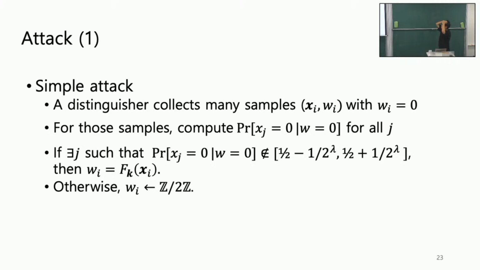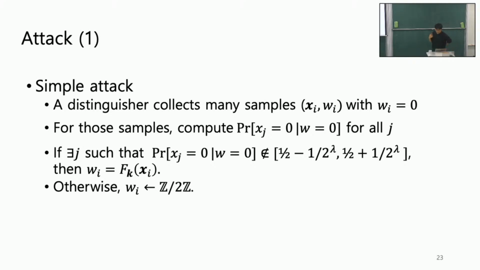Indeed, our tag is extremely simple. The first distinguisher collects exponentially many samples xi and omega I such that omega I is always 0. Then for those samples, we can compute the conditional probability of xj is 0 given that omega is 0 for every j.